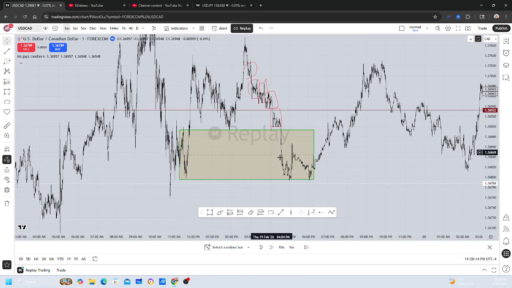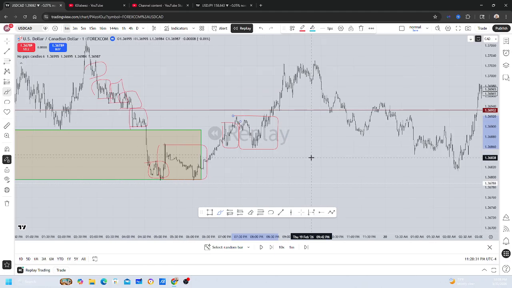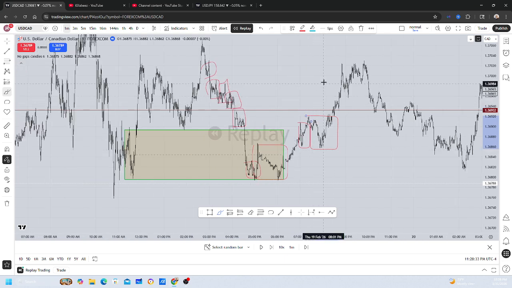Bam. Trade up. What happened again? 1, 2, 3, 4. Right? And he said 4 swings, and he sees this long run and he's like, oh, it doesn't work. But then usually, it's a sign of reversal.